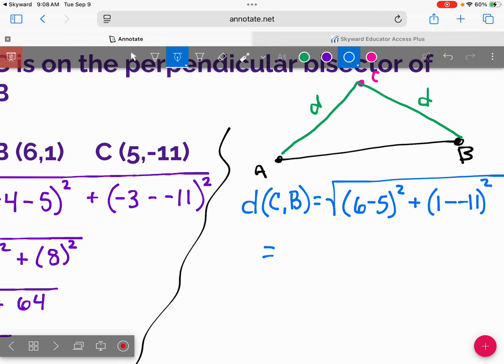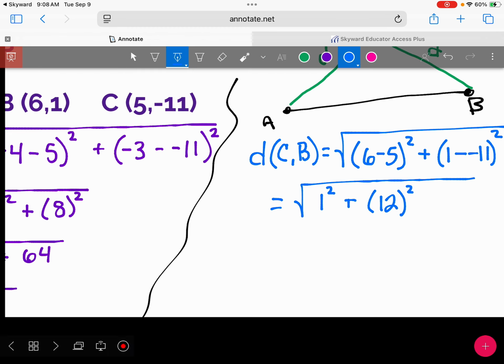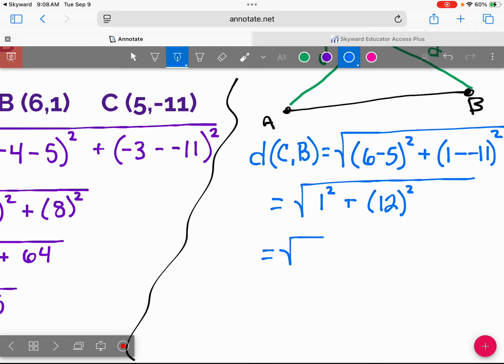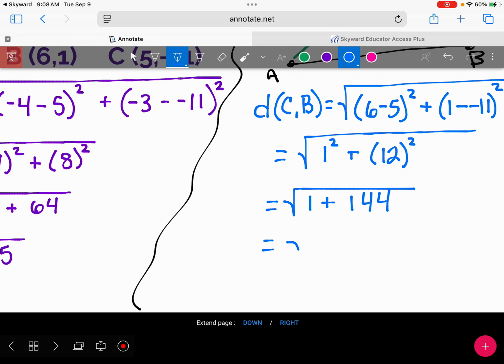Again, simplifying as far as we can go. 6 minus 5 gives us 1 squared, and 1 minus negative 11 gives us 12 squared. So that's going to give us 1, and 12 squared is 144. So the distance between point C and point B is the square root of 145.